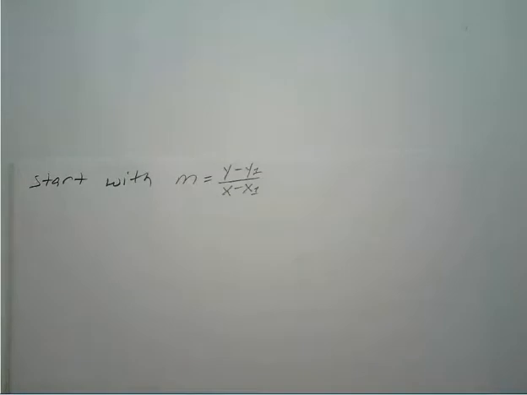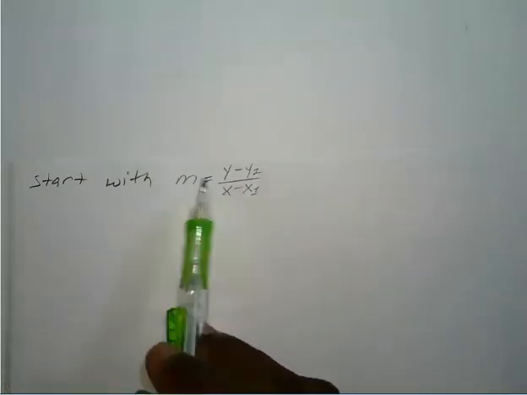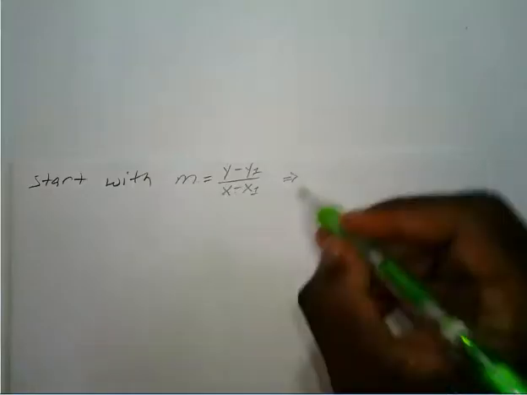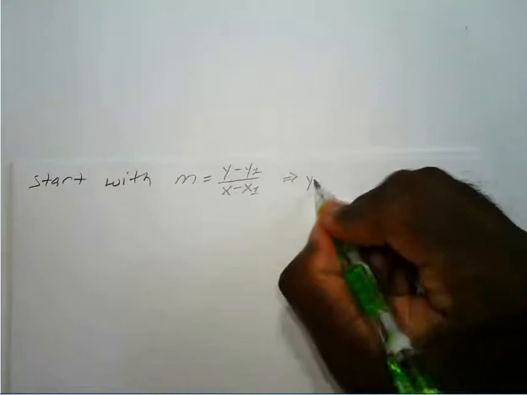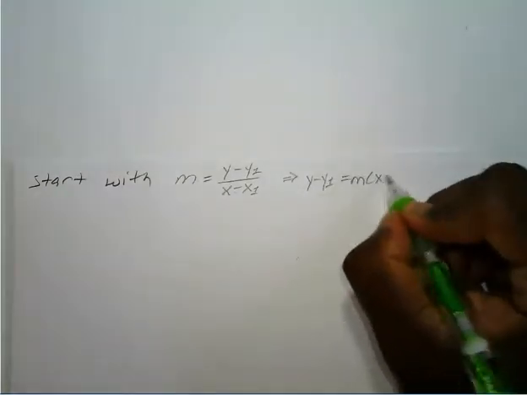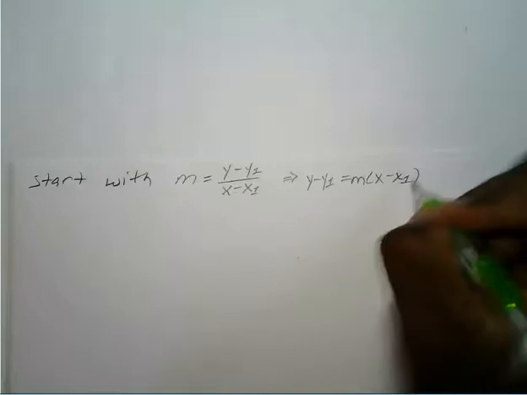This is actually the lead into finding the point slope form, but we're using it here also. If we multiply both sides by x minus x1, that leaves you with y minus y1 is equal to m times x minus x1.